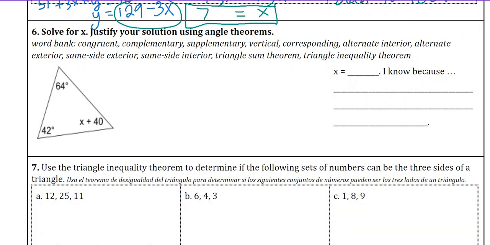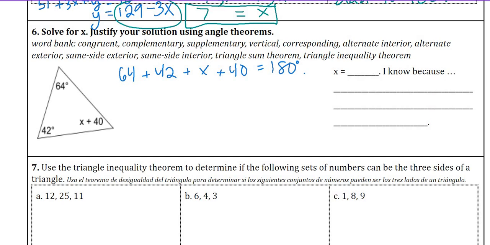Number 6. We're going to solve for x and justify our solution using angle theorems. The interior angles of this triangle must add to 180 degrees. I have 64 plus 42 plus x plus 40 equals 180 degrees.